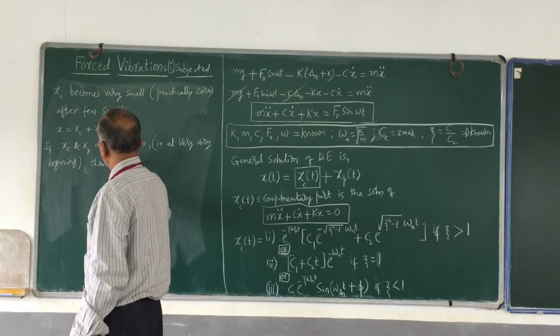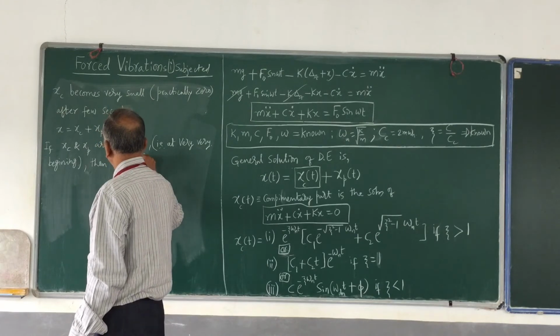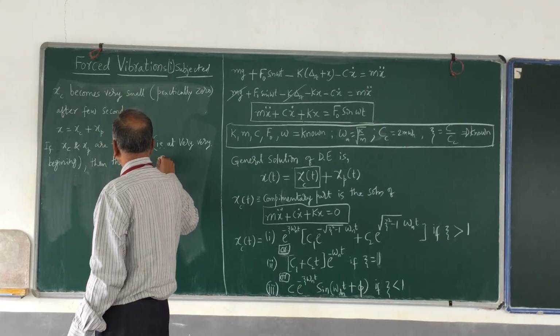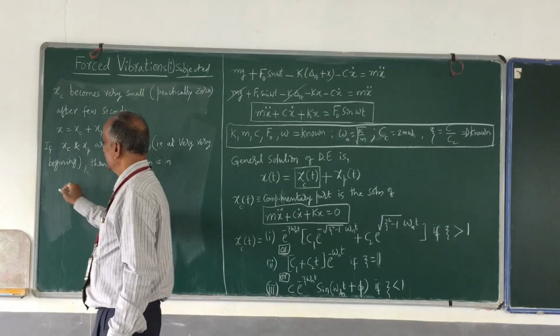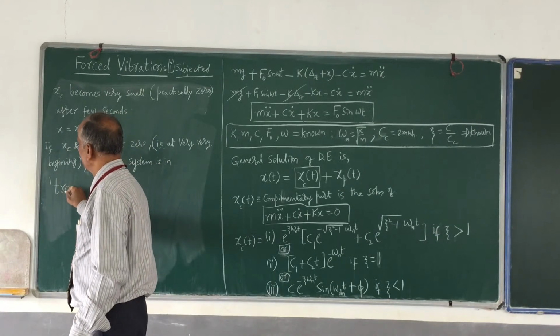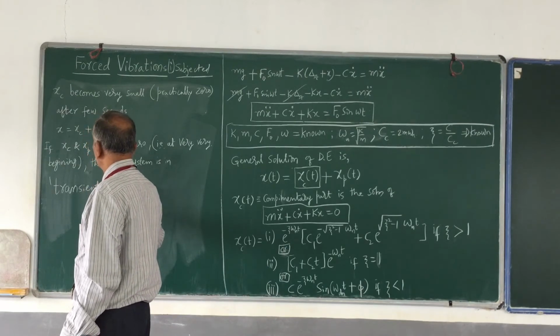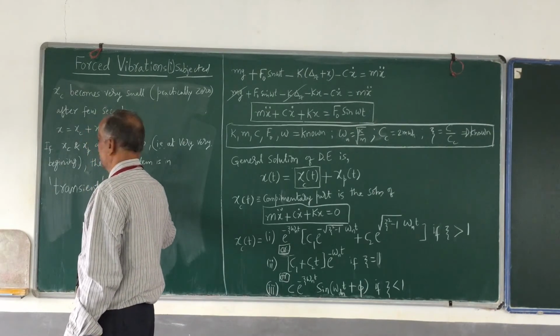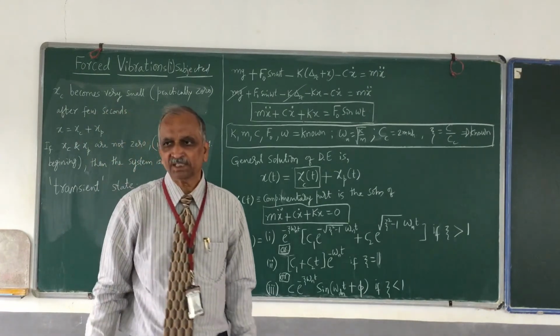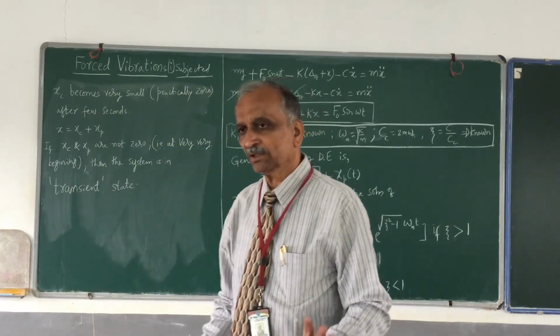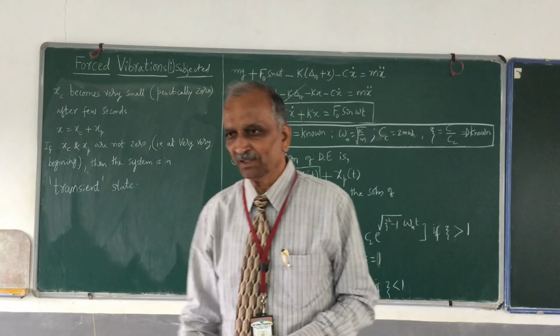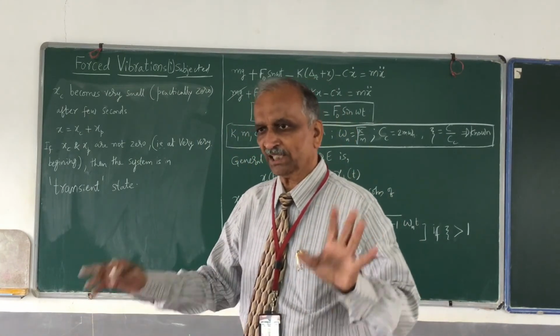Then we say that the system is in what is called a transient state. When xc and xp, both of them are not 0, xp will never be 0. It is only xc.